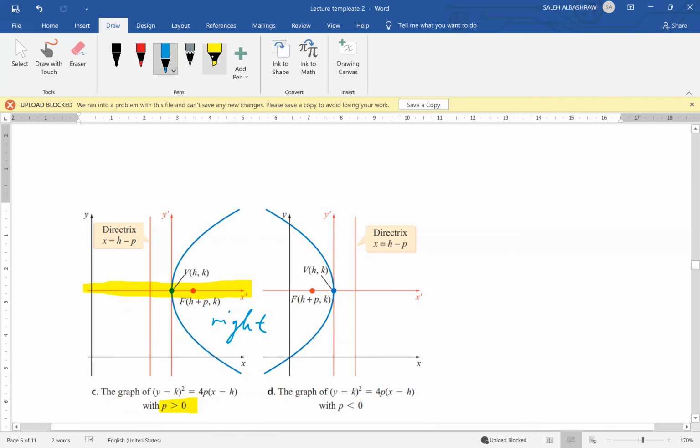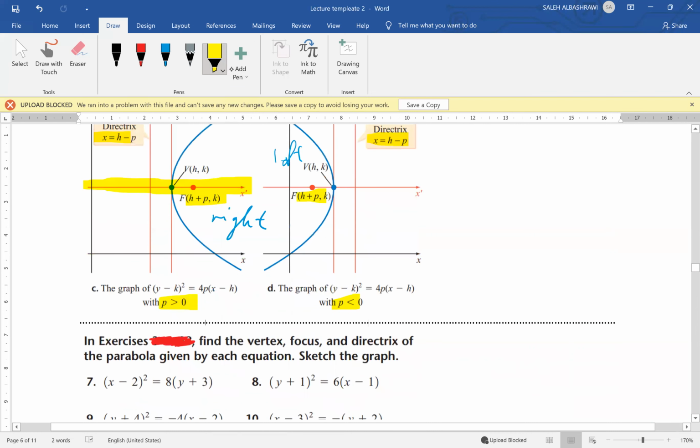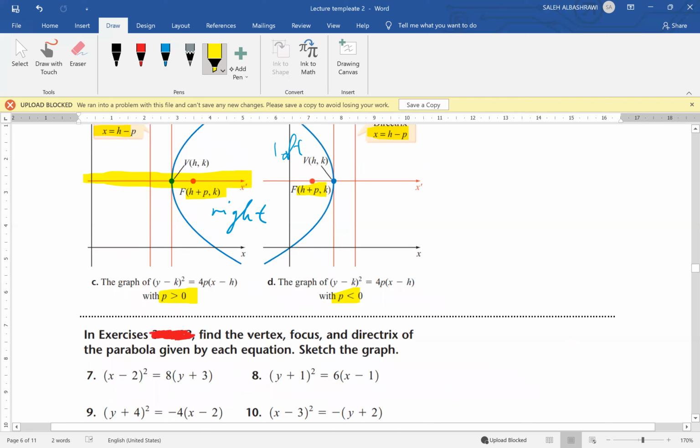The focus point is given by (h plus p, k), and the directrix is x equals h minus p. If p is less than 0, then it will open to the left. The focus point is again (h plus p, k), and the directrix is x equals h minus p. And the standard equation is (y minus k) to power 2 equals 4p (x minus h).